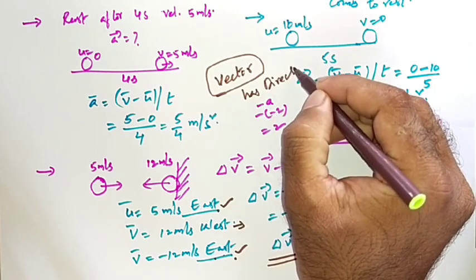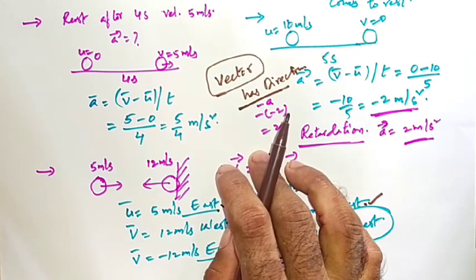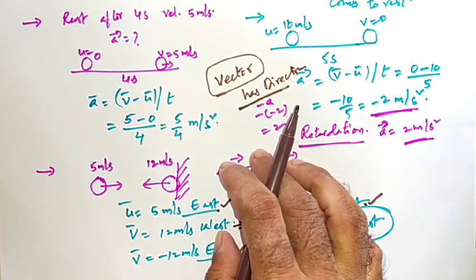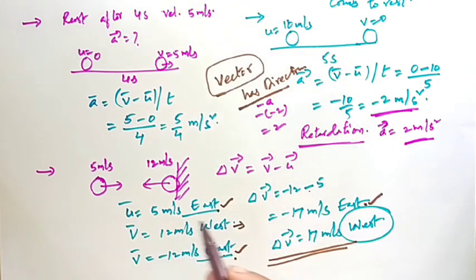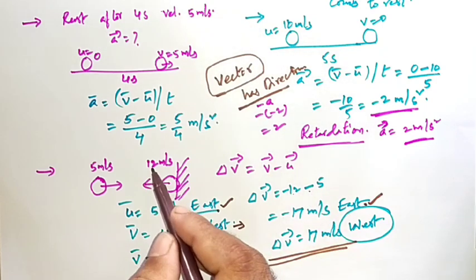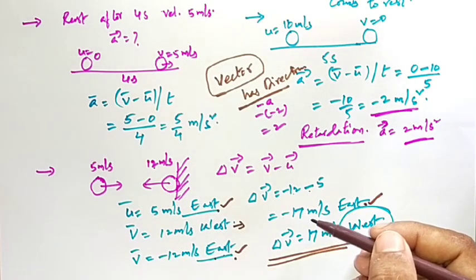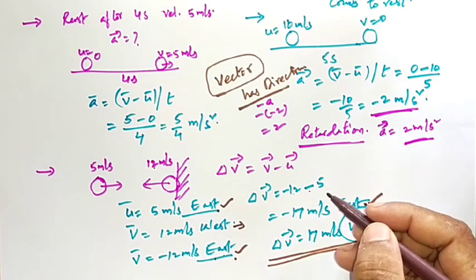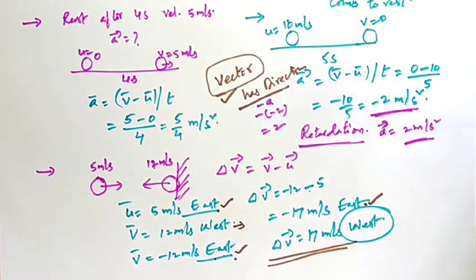When direction is there, carefully observe the directions of the bodies. Otherwise your answer will be wrong. Understood? If I take this also positive, then what do I get? 12 minus 5, how much? So while working with vectors, direction is most important.